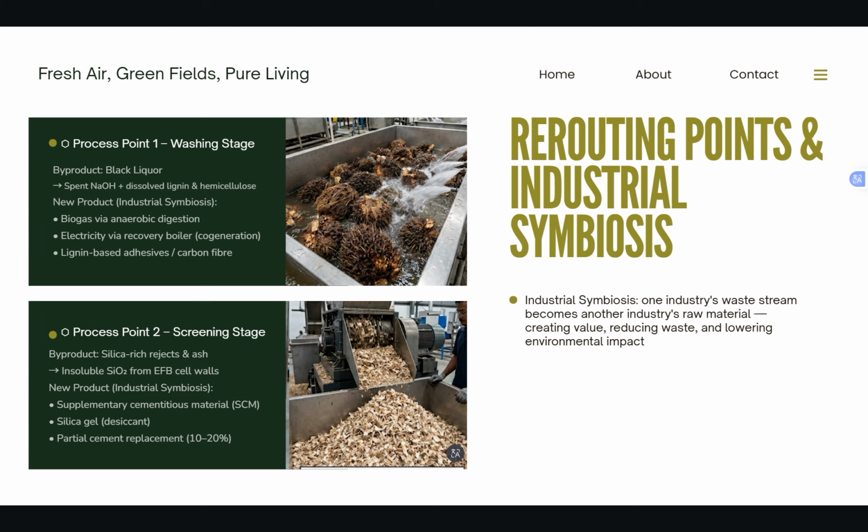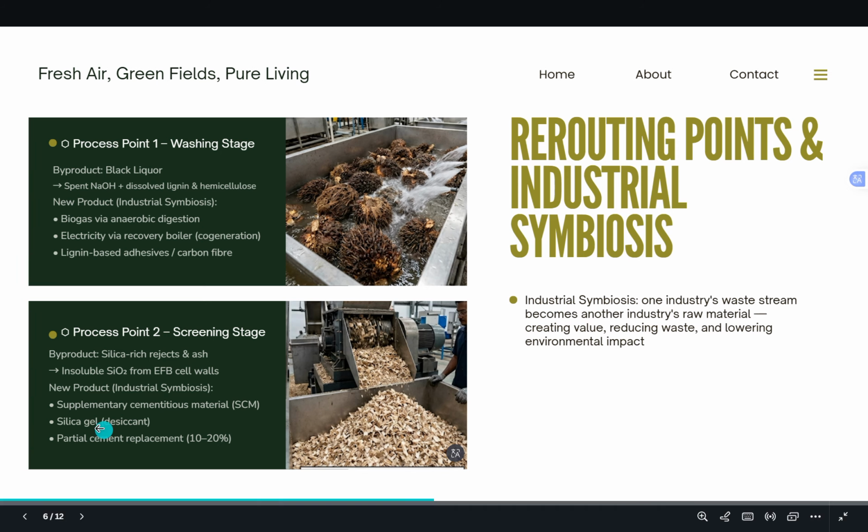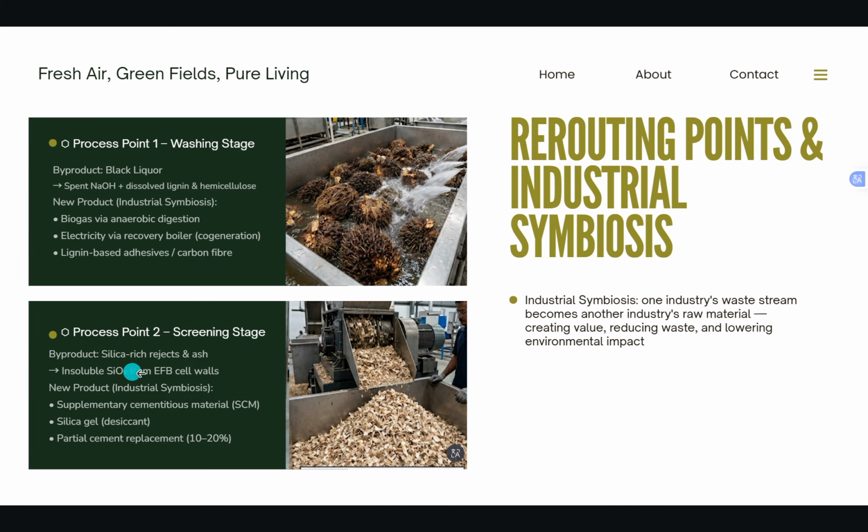This reduces waste and creates additional value. So in the washing stage, you can produce black liquor, which is beneficial to the industry. And going to the second stage, which is the screening stage, it will also produce a byproduct called silica-rich rejects. And it is good for industry use also.